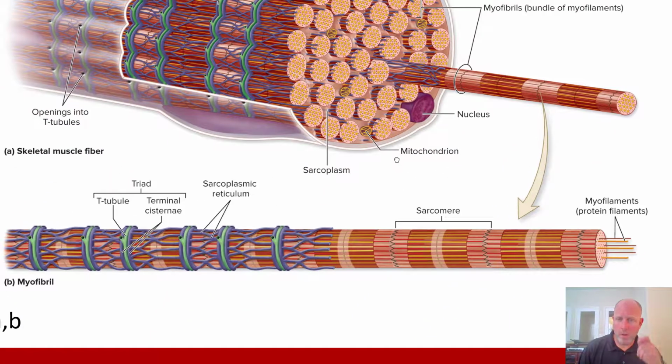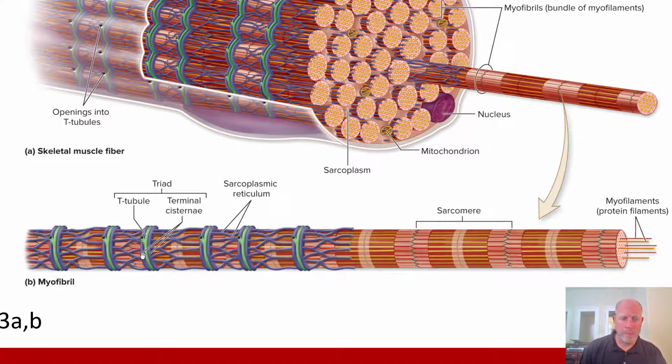Take a closer look here, showing this myofibril. Muscle fibers in general are long and cylindrical in shape. The more they grow, hypertrophy-wise, they get bigger, but they also keep that long cylindrical shape when they're utilized properly.